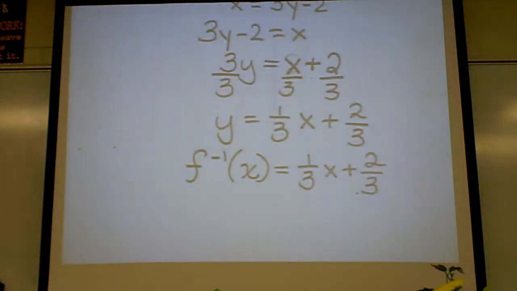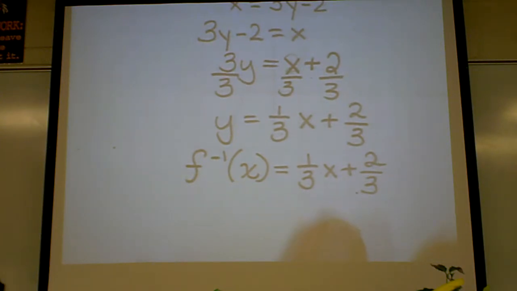Now, there is another test. You looked at your ordered pairs, and you graphed it, and you did the vertical line test, right? To tell if the inverse is a function. I'm going to show you another way to tell if the inverse will be a function.